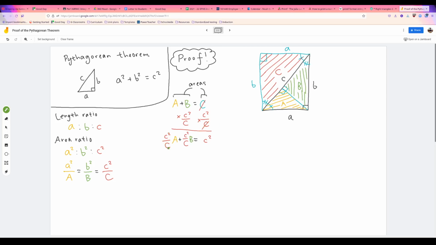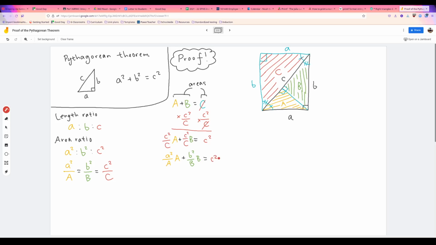And now we're going to use the fact that little c squared over capital C is equal to both a squared over capital A and b squared over capital B. So a squared over capital A times A plus b squared over capital B times B is equal to little c squared, just bringing down from up here.